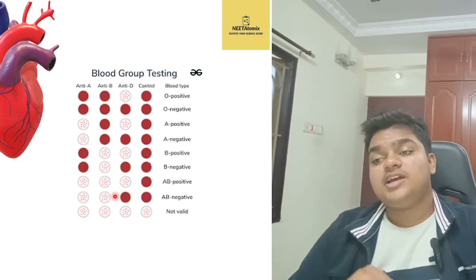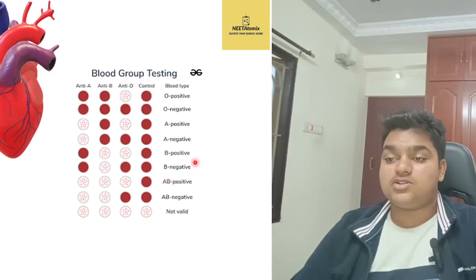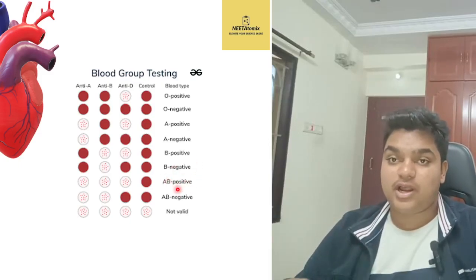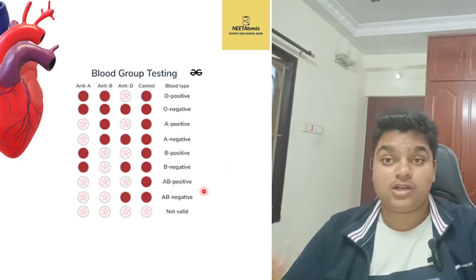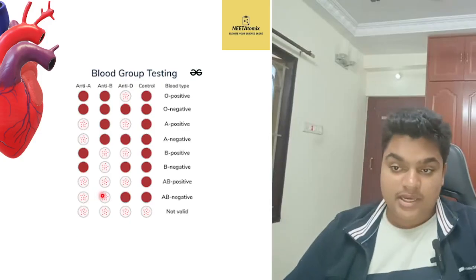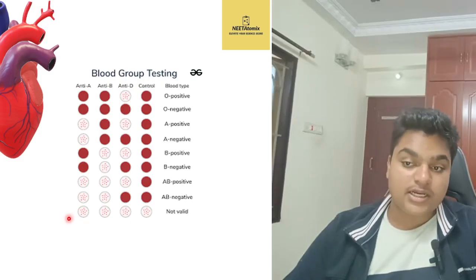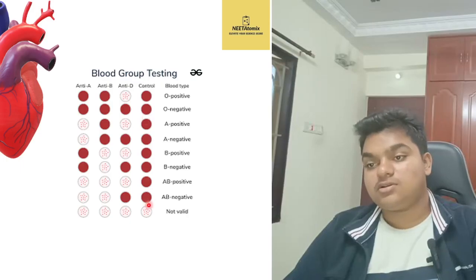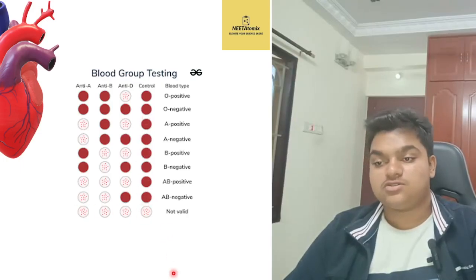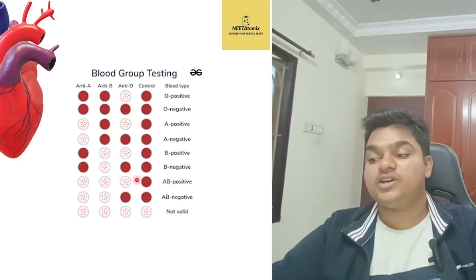Okay, that is why this fellow is called the universal recipient, because there are no antibodies in his or her plasma. And AB negative, you will not get agglutination with anti-sera D. And if you get agglutination in everything, this is your control just to check. If you get everything, it is not valid. So that is your blood grouping test, and this is how blood grouping is done.